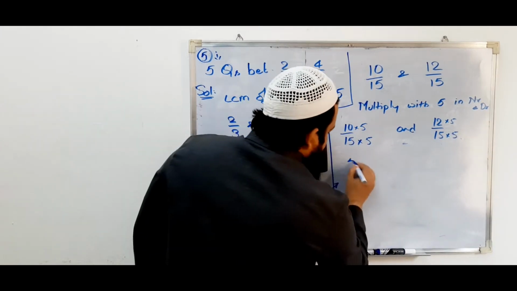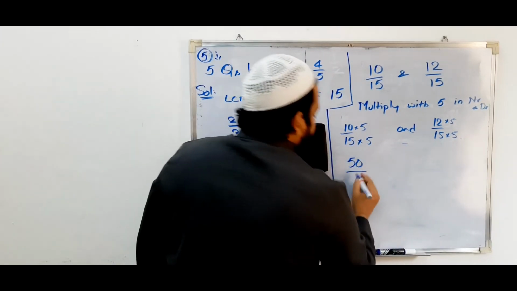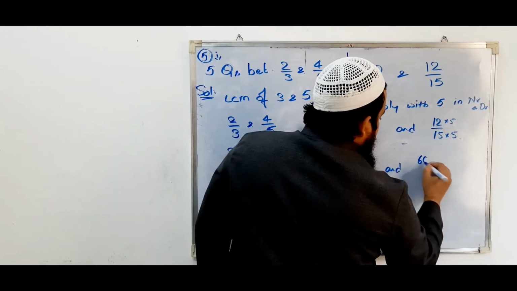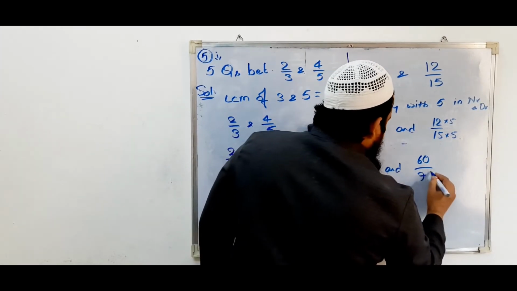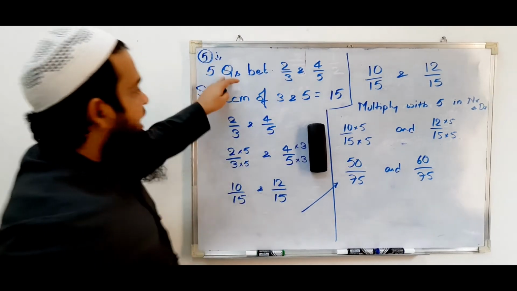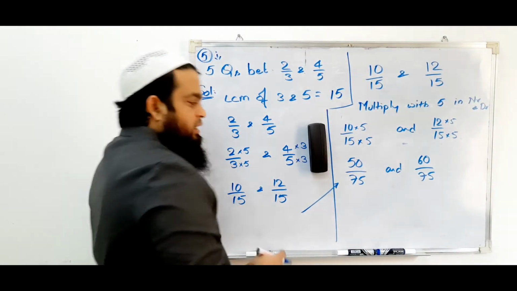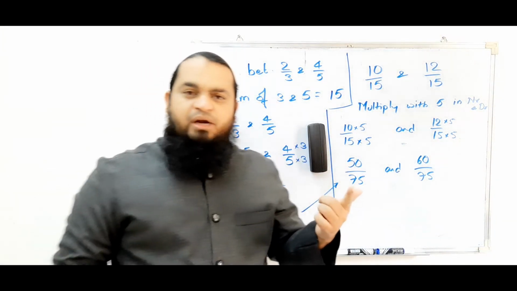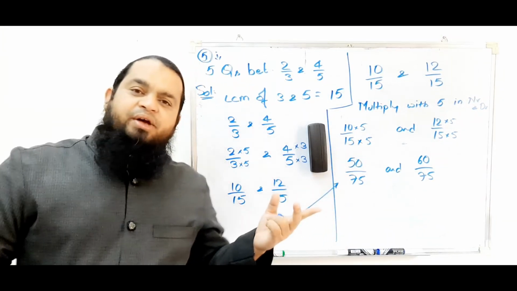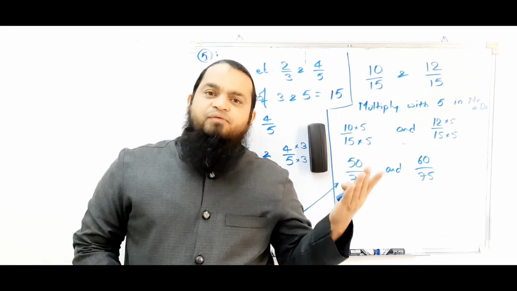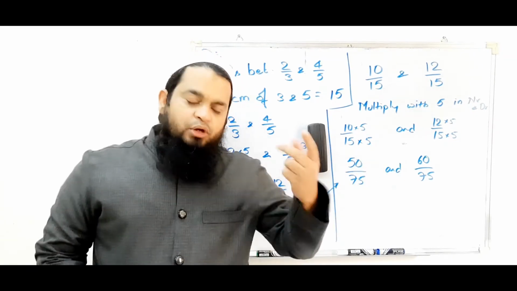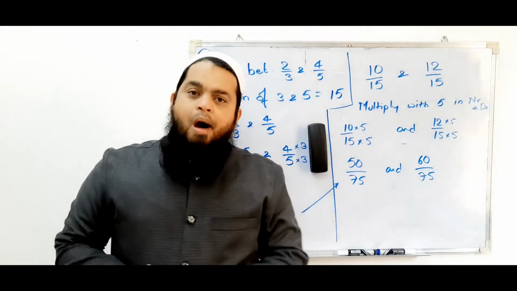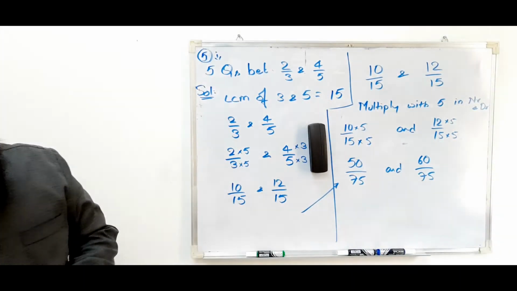So 10 5s are 50, 15 5s are 75, and 12 5s are 60, 15 5s are 75. Now can you write 5 rational numbers between them? Yes, we can easily write 51 by 75, 52 by 75, 53 by 75, 54 by 75 and 55 by 75. So you can write any rational number in between these two. I hope you understand.